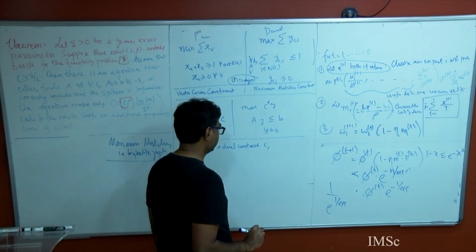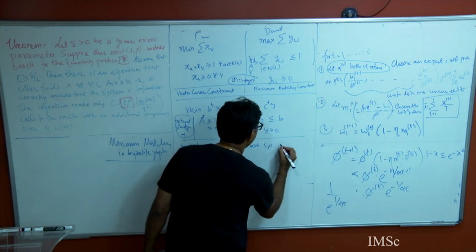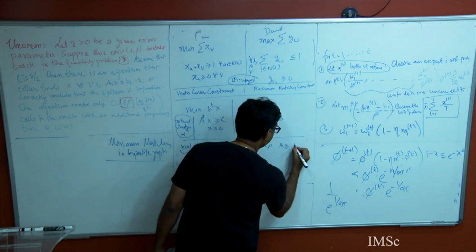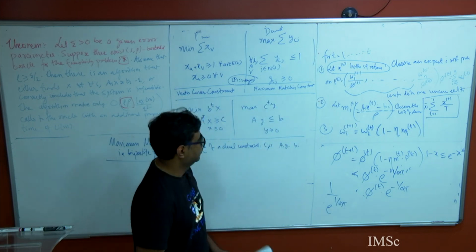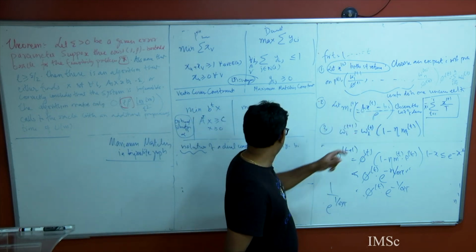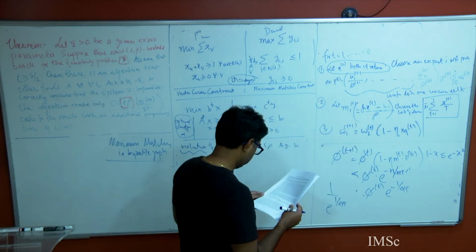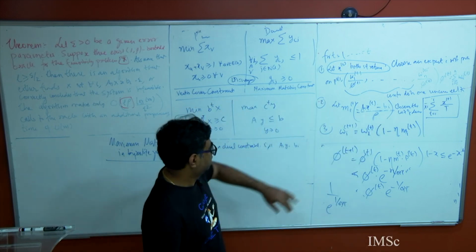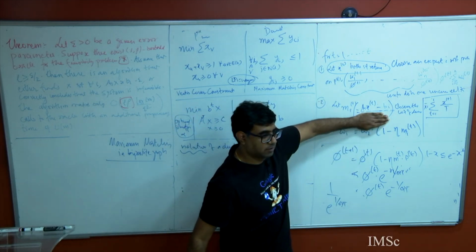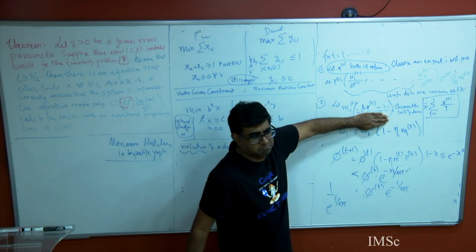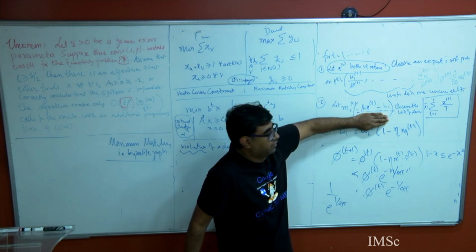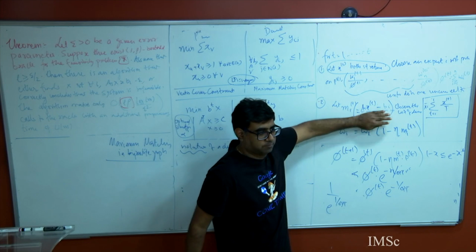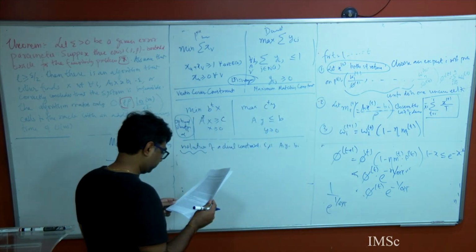The violation of a dual constraint i is going to be A_i y minus b_i. This is by how much it violates, right? And it may not violate anything at all when this is greater than or equal to 0. Okay.